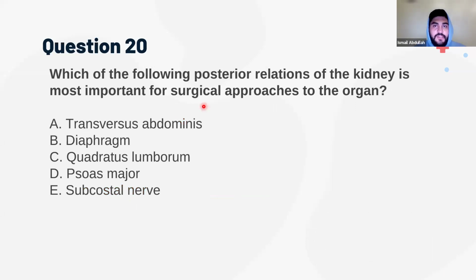All right, so which of the following posterior relations of the kidney is most important for surgical approaches to the organ? So let's say if someone wants to do a nephrectomy or renal transplant, which of the following posterior relations will be very important when it comes to having surgical management of it?